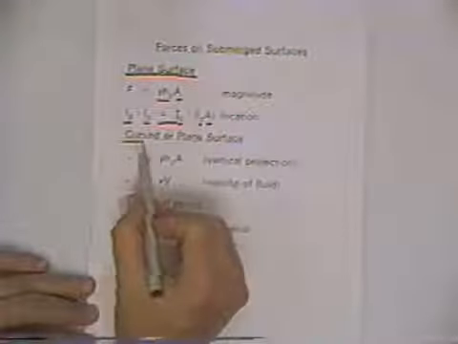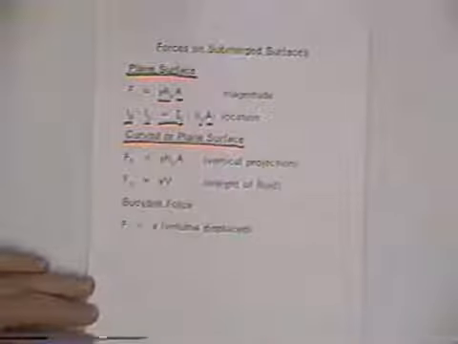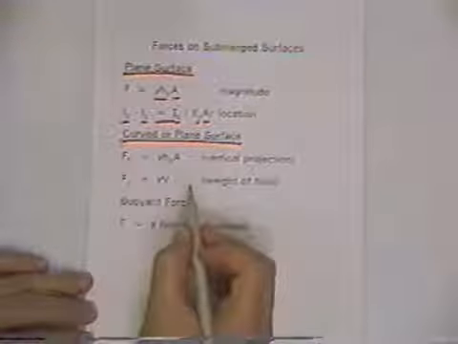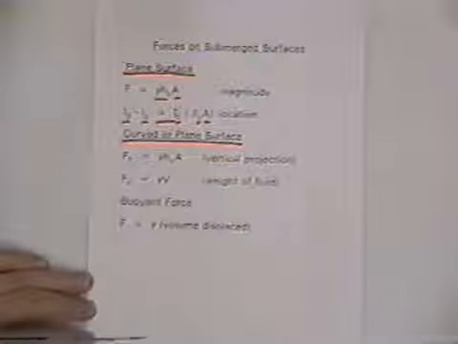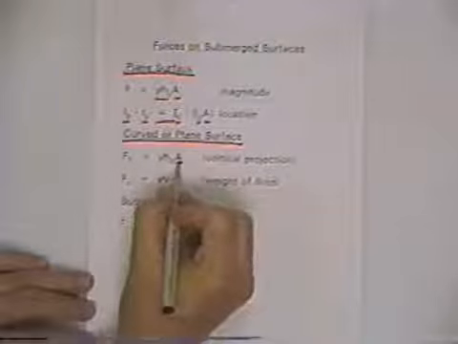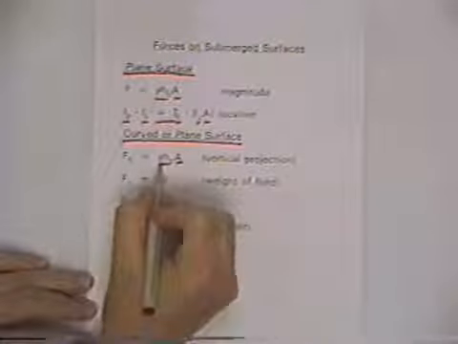Now, another approach which works for either a plane surface or a curved surface is we can think in terms of a vertical force and a horizontal force. And the horizontal force is really just if you take a vertical projection, and it has some area A, and then it has this pressure.